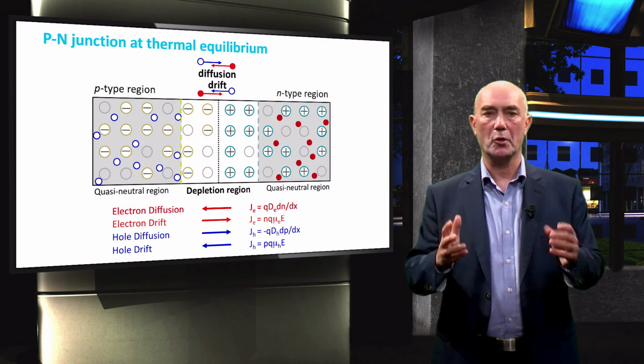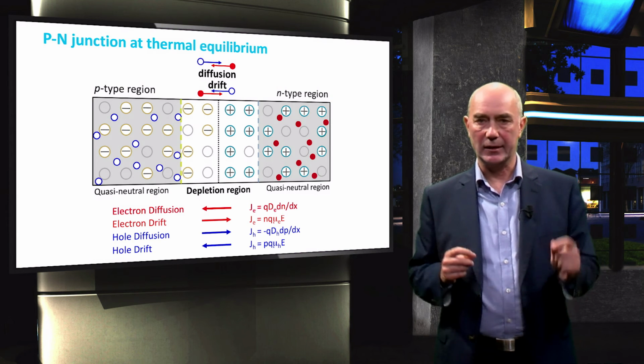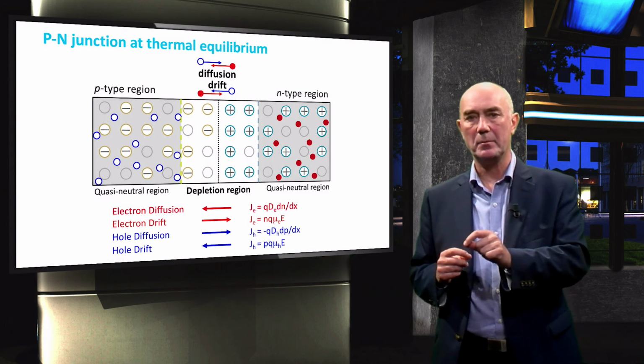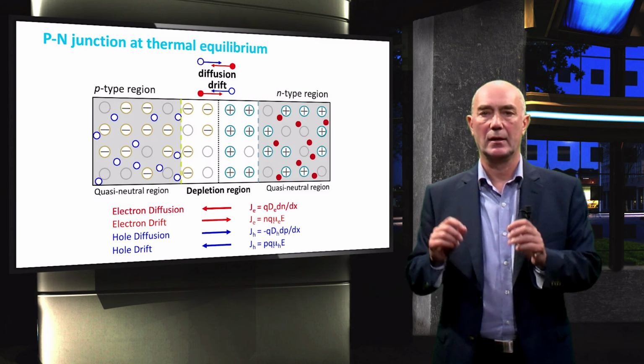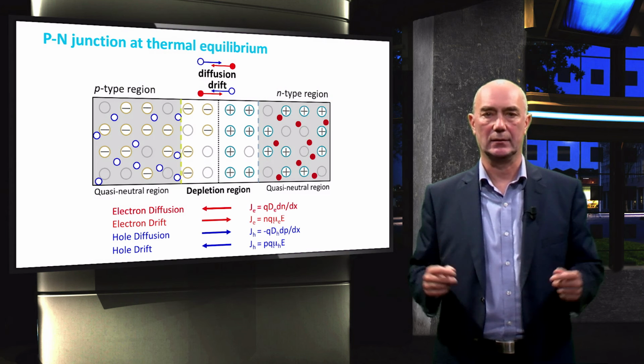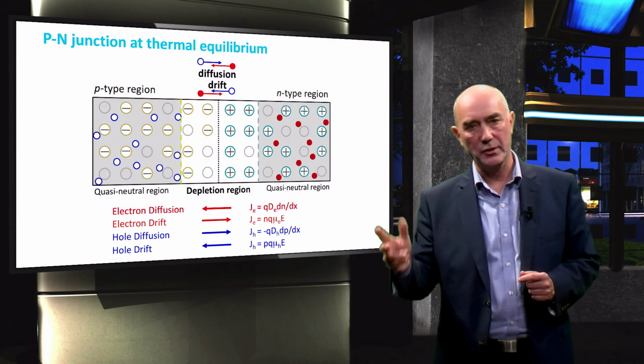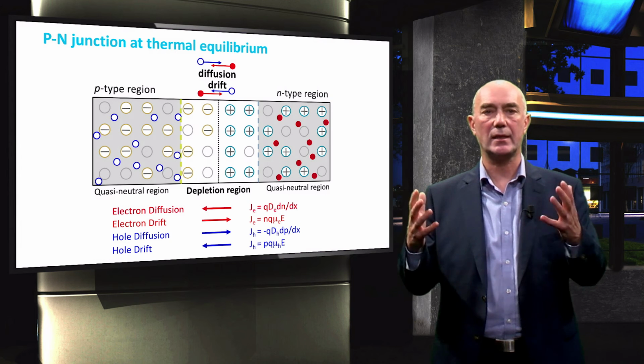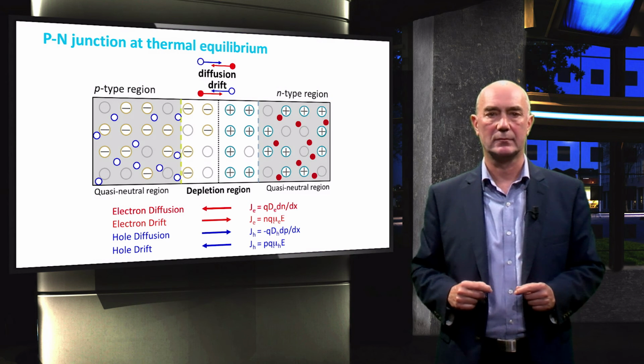The same goes for electrons. Electrons diffuse from the N-type to the P-type region, which leaves the positively ionized doping atoms in the N-type silicon. Hence, positive electrostatic charge builds up in the N-type region.